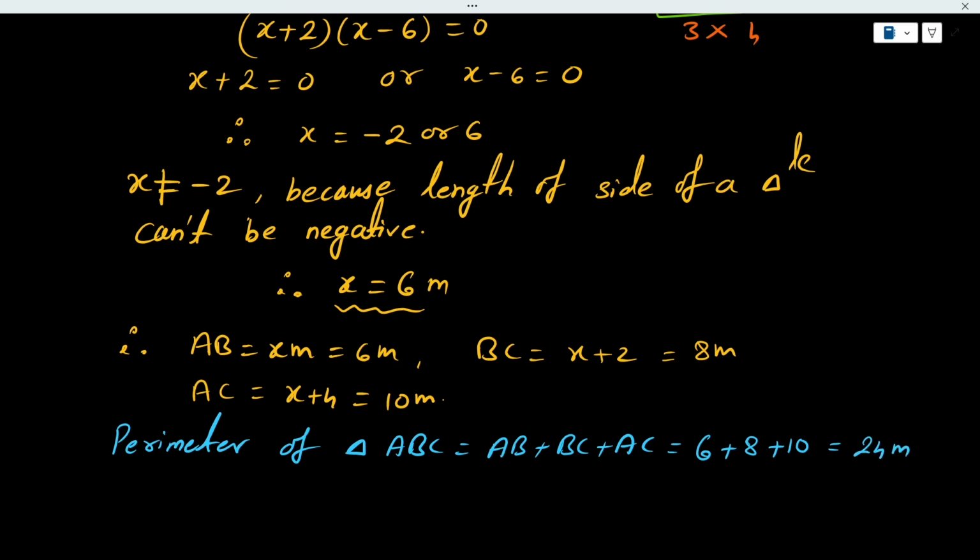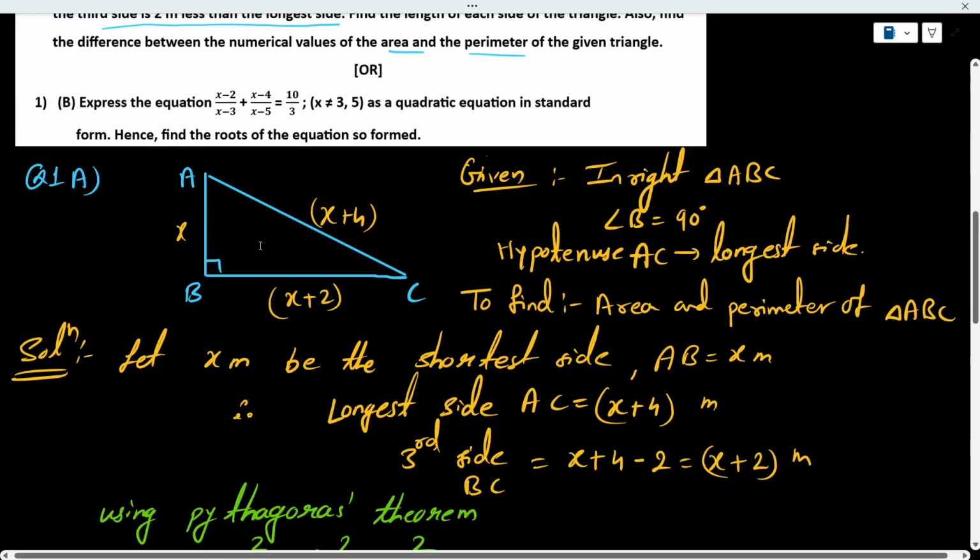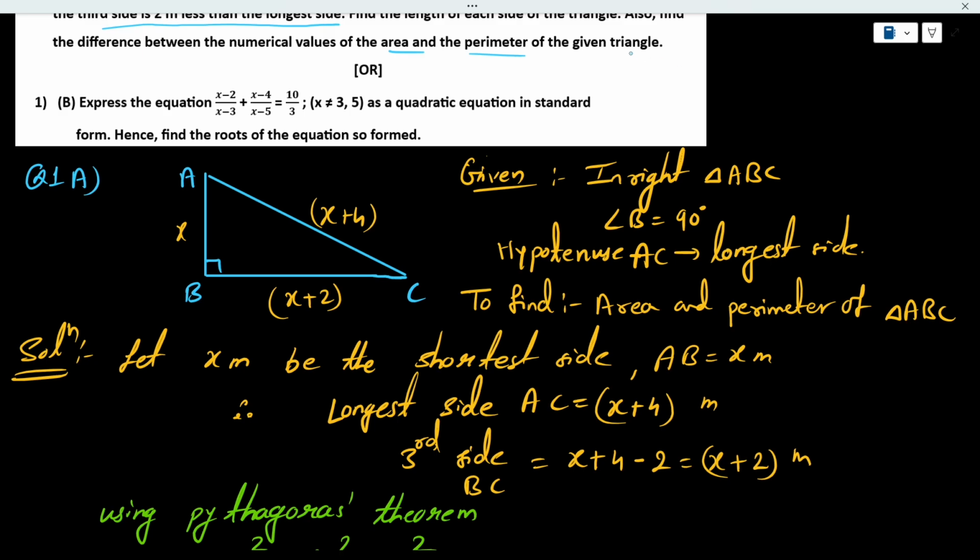Similarly, if I take the area of the triangle, because it's a right triangle, I can use half base into height, right? What is going to be the base here? If you see the triangle, the base is going to be BC, because where the right angle is, one side will become the base, another side will become the height.